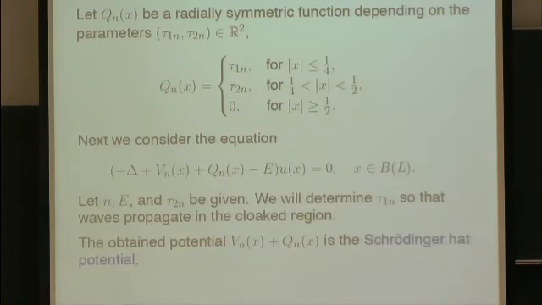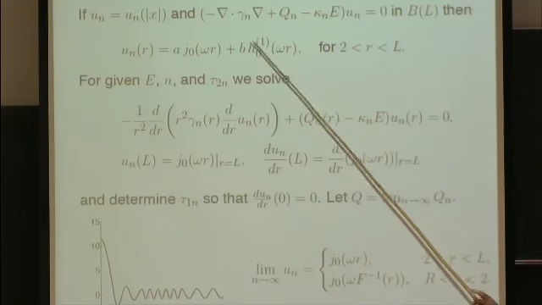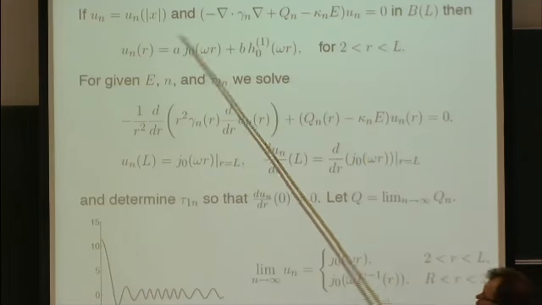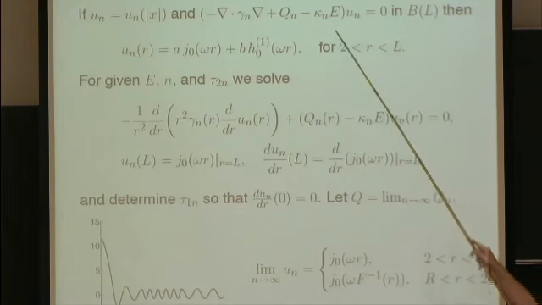Even though it's a little technical, let me explain how this parameter tau1 is chosen, because this is the crux of the matter. Actually, this is also extremely simple. So let's look at radially symmetric solutions of this acoustic equation. Outside the invisibility device, this is just the Euclidean Helmholtz equation.